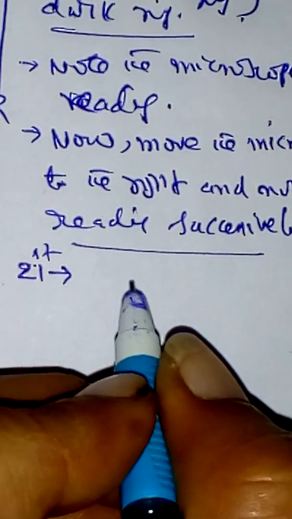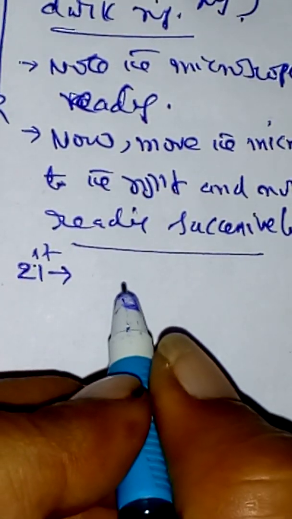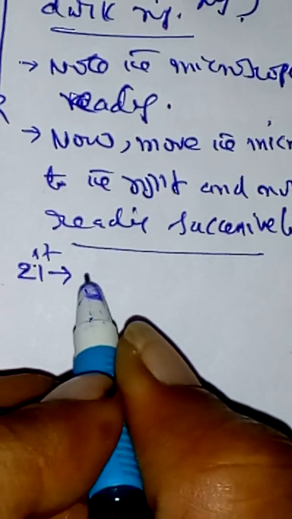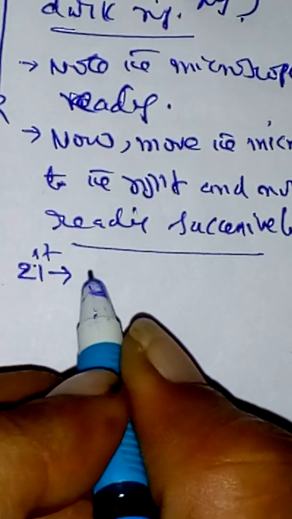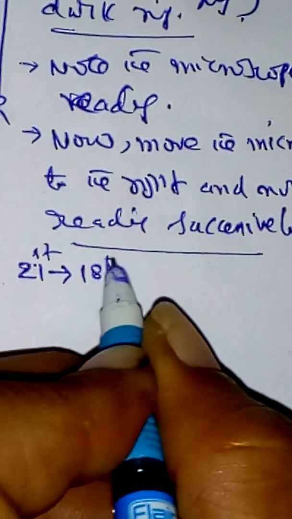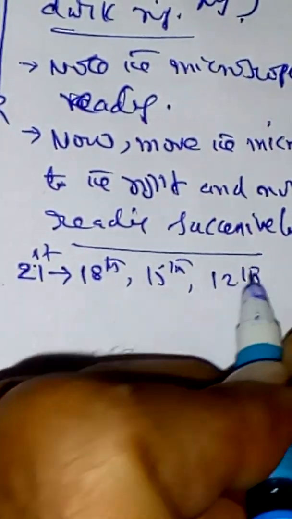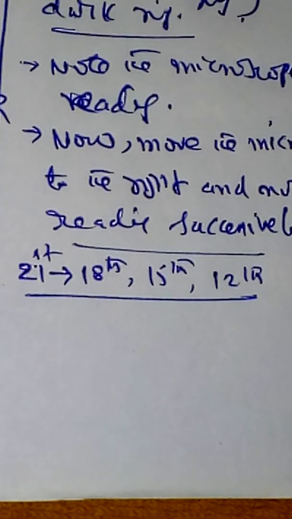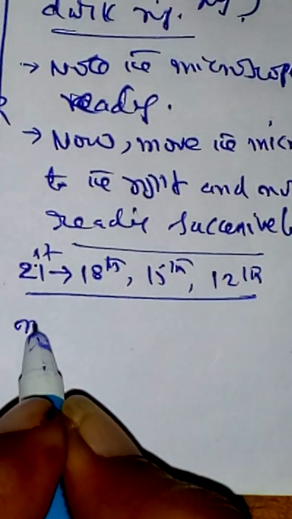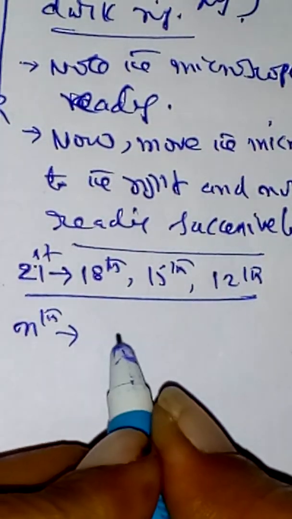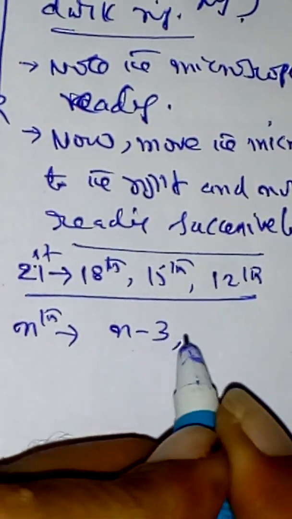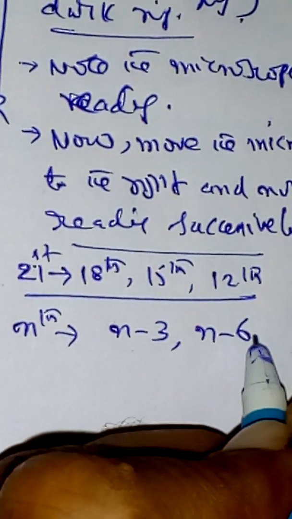Not all the rings, alternate rings or 2 rings thereafter, like that we will take. That means 21st, then 18th ring, then 15th ring, then 12th ring, like that we go on taking. That means if you have the nth ring, the next reading will be n minus 3. The next reading will be n minus 6.